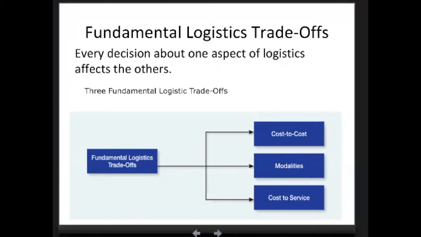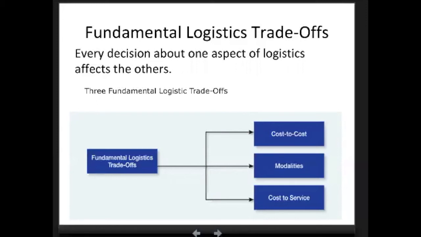So for instance, if you choose a faster mode of transportation, that will cost more on the transportation end. So air mode will always be more expensive than trucking mode. But then you can reduce the cost that will be incurred in inventory that has to be carried at the place where it's being used. So you are trading off the cost of transportation with the cost of inventory.